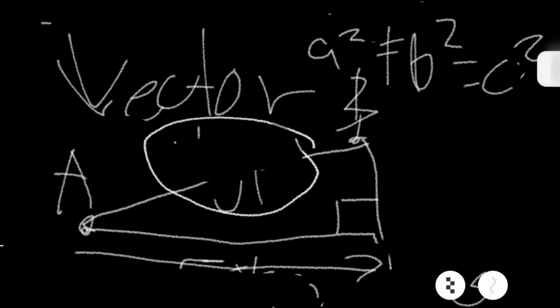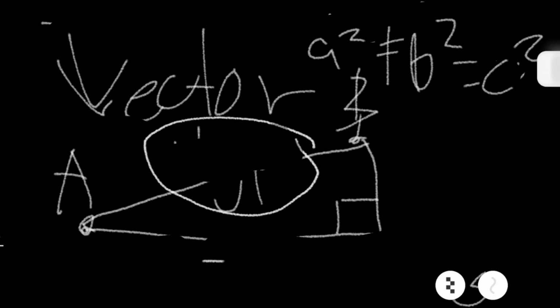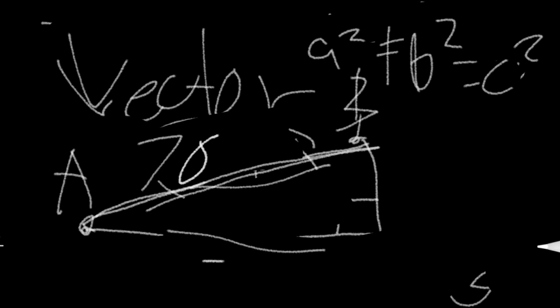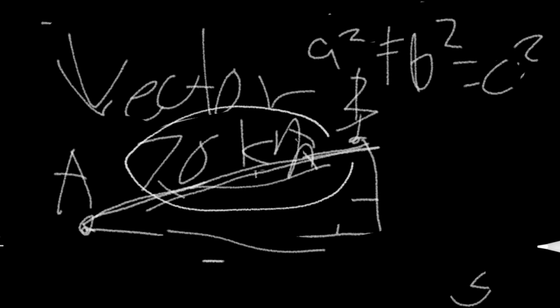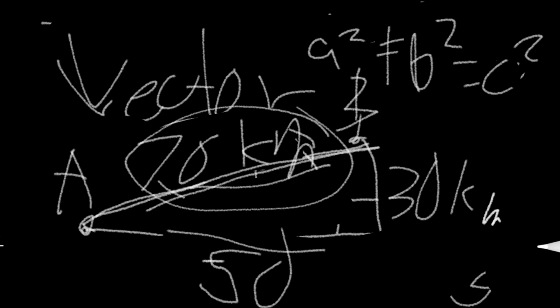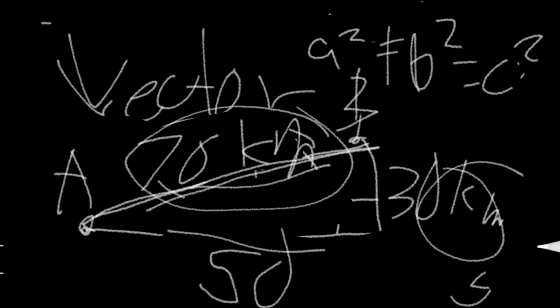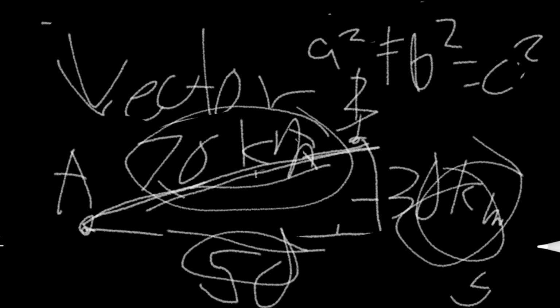For example, we're not going to use the value given. Say the total distance of this path is about 70 kilometers. Instead of adding up the distance traveled, displacement is just the shortest path, the straight line connecting the initial and the final position.